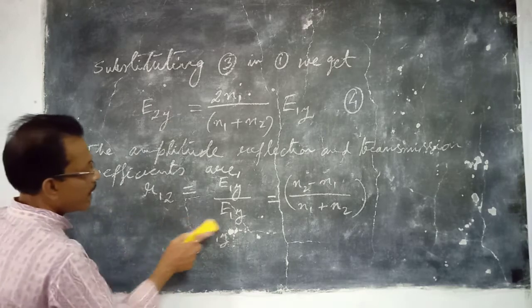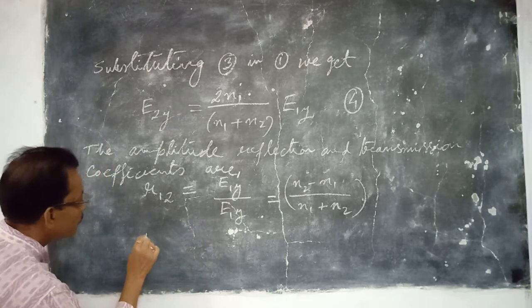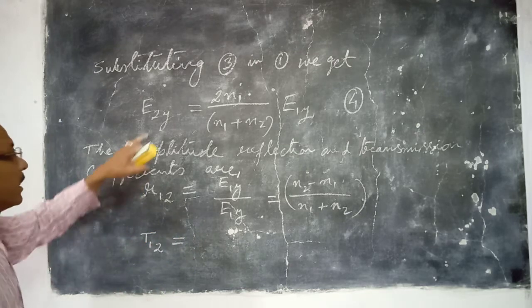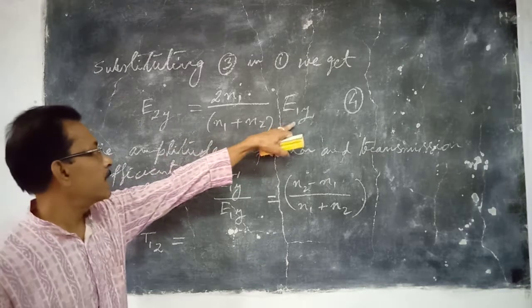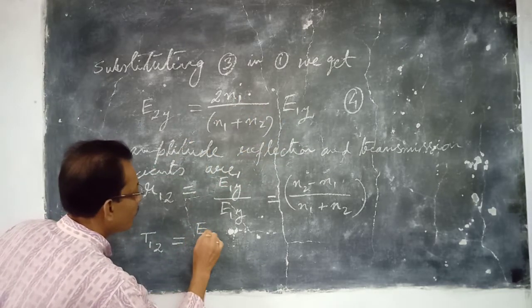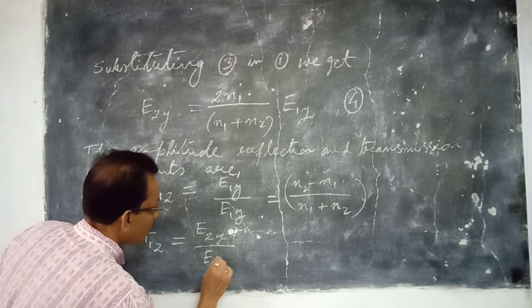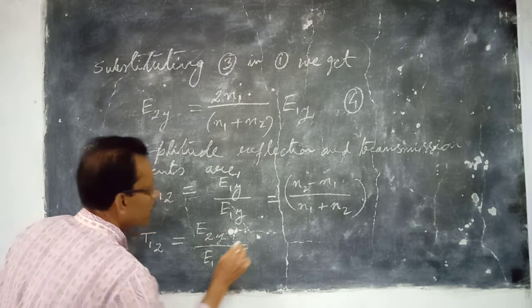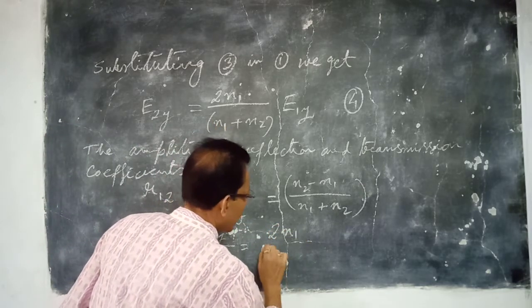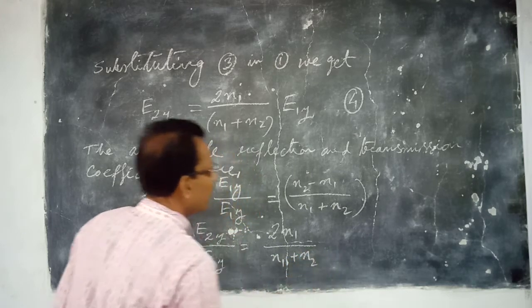Similarly, the amplitude transmission coefficient T12, that is the ratio of E2y by E1y, that is 2n1 by (n1 plus n2).